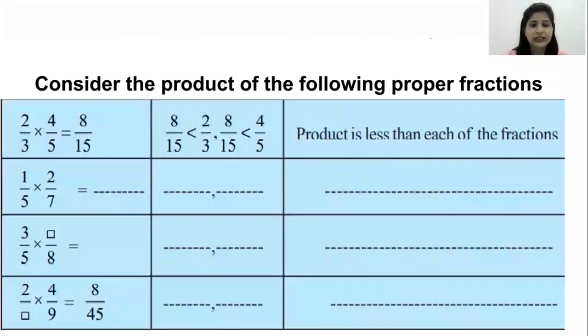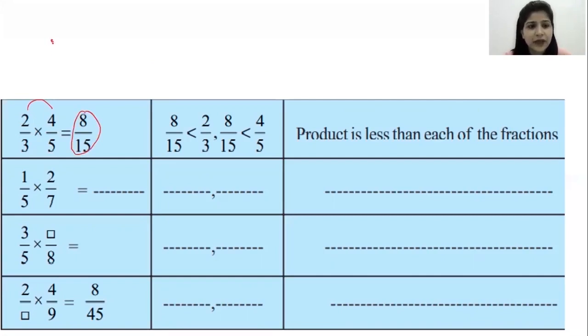Okay, so let's consider this table and here what is written? 2/3 into 4/5. Okay, let's multiply it. 2 4s are 8 and 3 5s are 15. Now 8/15 is there and 2/3 and 4/5 is there. Okay, 2/3 and 4/5. If I have to make the denominators 15, what do I need to do? I need to multiply with 5 and 3, the numerators and the denominators.